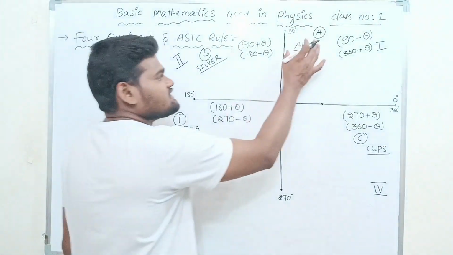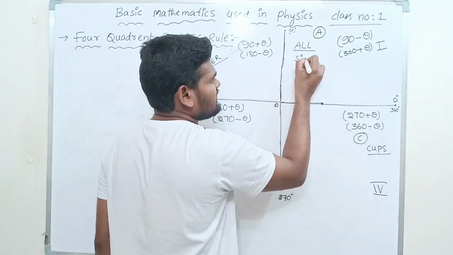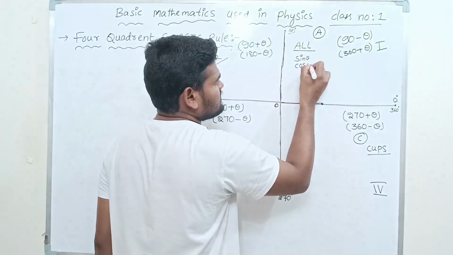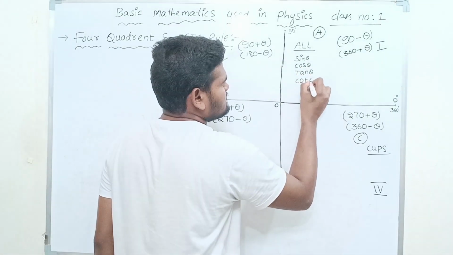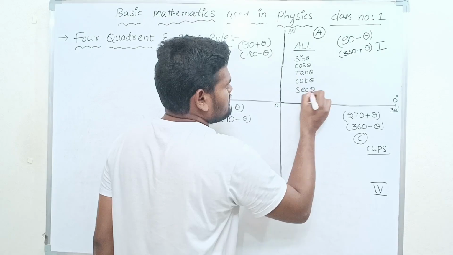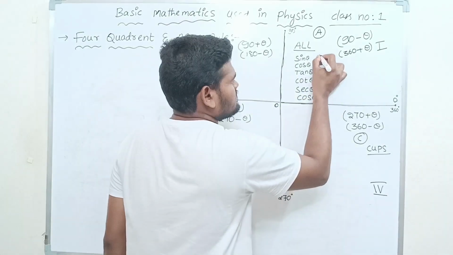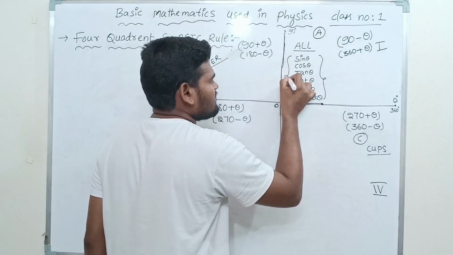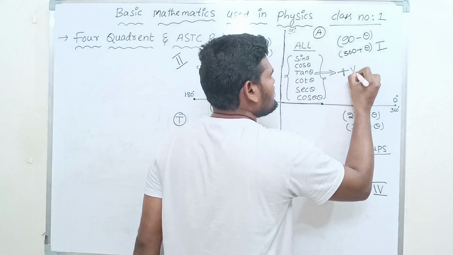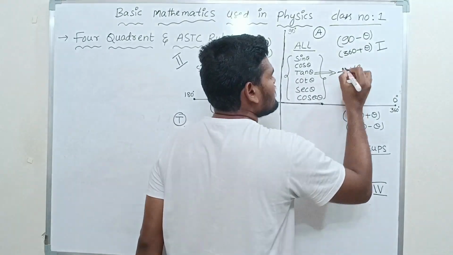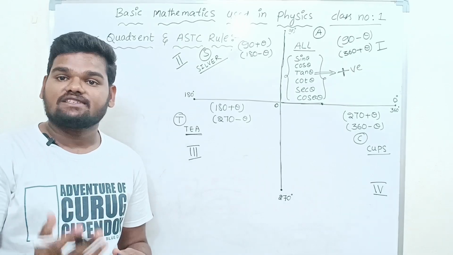That means in the first quadrant all the trigonometric ratios are positive: sin theta, cos theta, tan theta, cot theta, sec theta, cosec theta. So all the trigonometric functions or ratios are positive in the first quadrant. The first quadrant lies at 90 minus theta and 360 plus theta degrees.